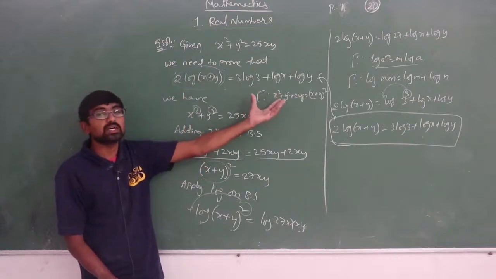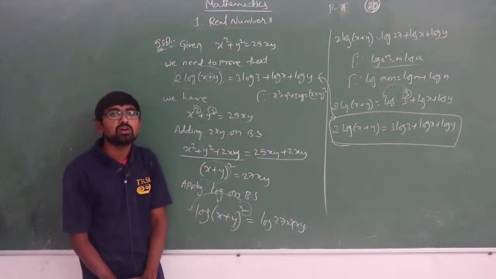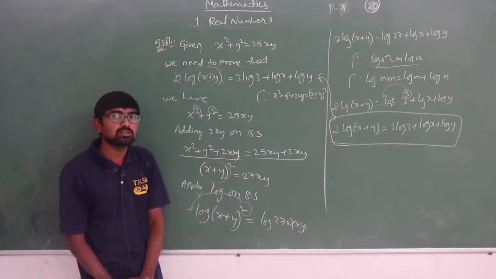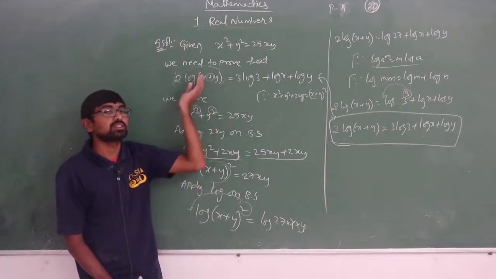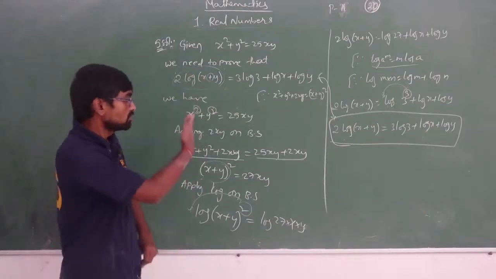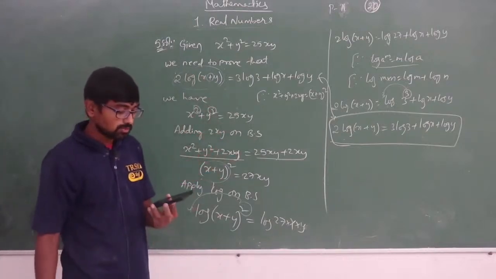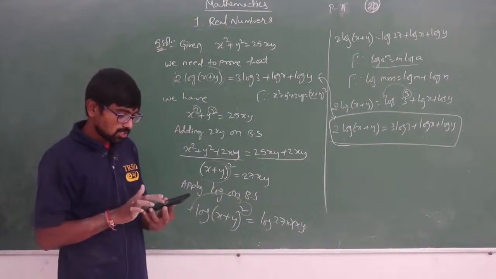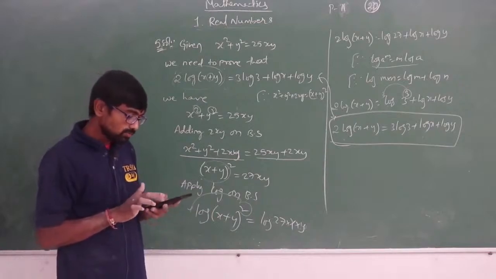How? By using either the a plus b whole square formula or the a minus b whole square formula. By using either of those formulas only, we can convert that into one single term of logarithm, isn't it? Otherwise it will be in an elaborated way. Am I right? So this is how you can solve the problem.